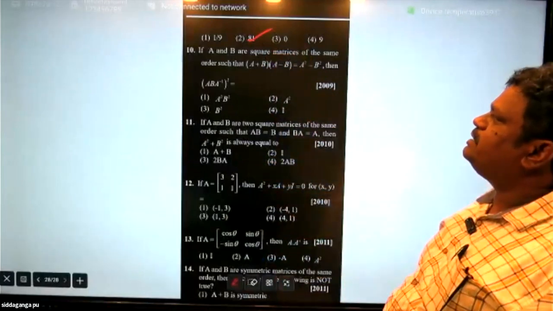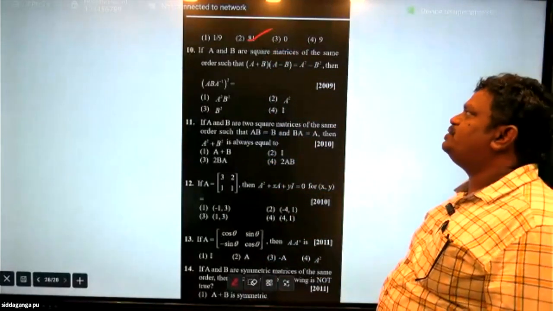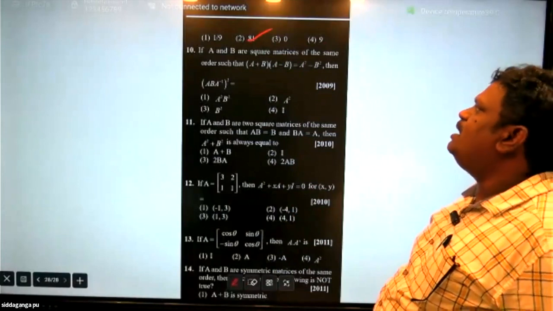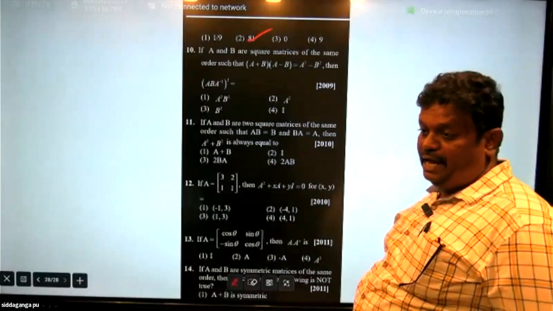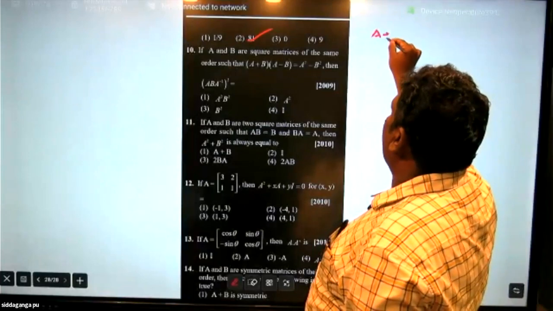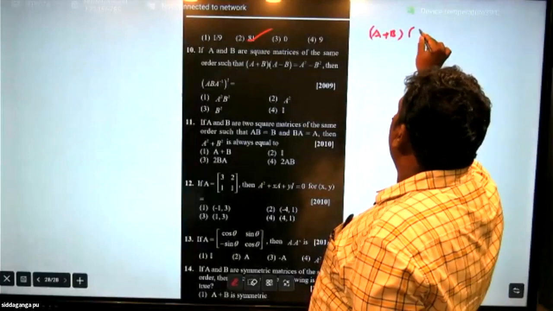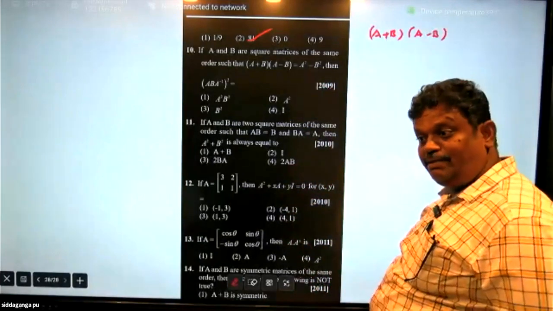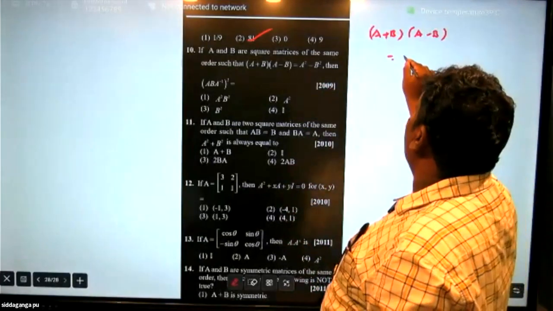Right, next. If A and B are square matrices of the same order such that A plus B into A minus B is equal to A square minus B square, then I already told one property. In A plus B into A minus B, generally this is satisfied for numbers, but in matrices it is not satisfied. Why?